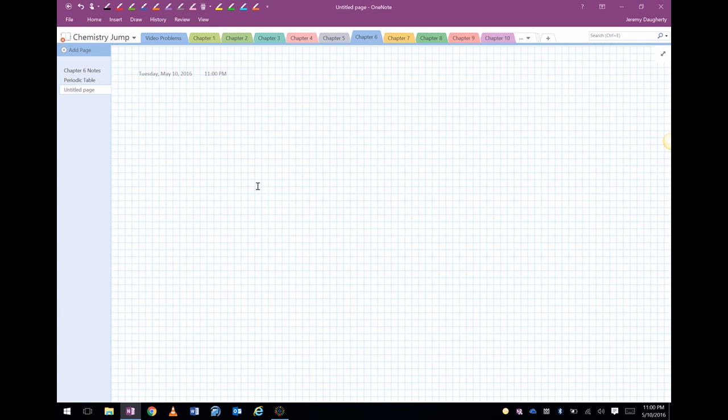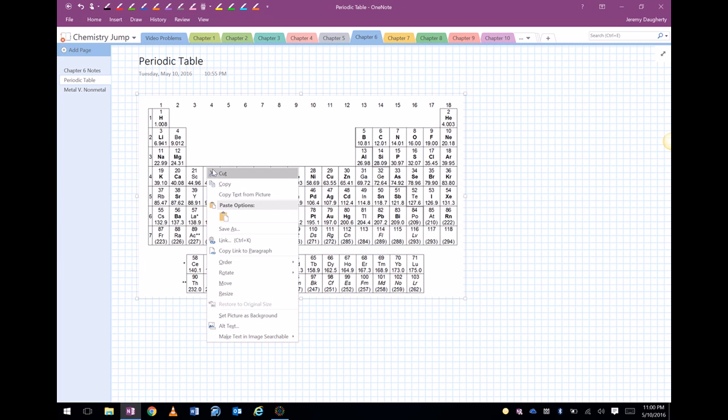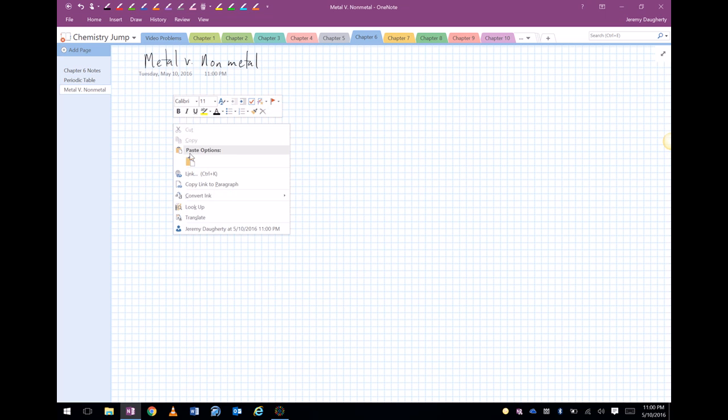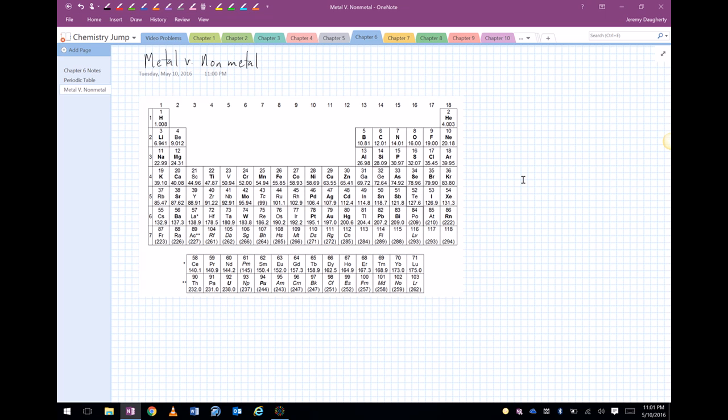To a new page here. All right. So this is going to be a metal versus nonmetal. Okay. I got this periodic table here, and this is just to remind you.